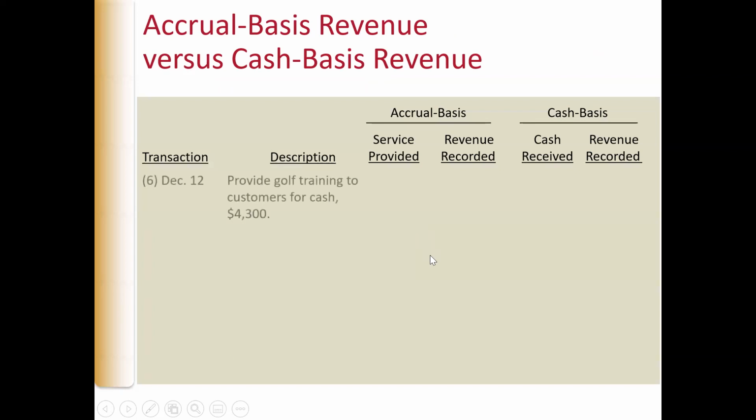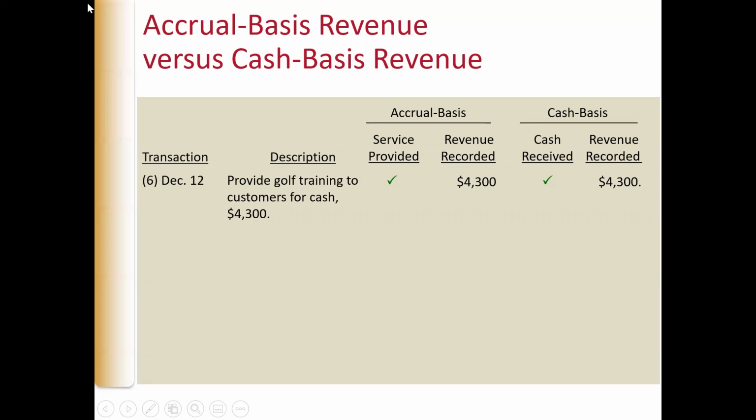So let's look at some of these. When we provide golf training to customers for cash for $4,300, under the accrual basis of accounting, when are we going to record this revenue? When we provide the service, right?